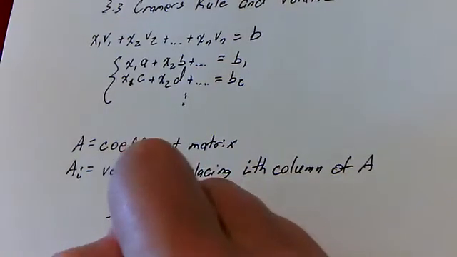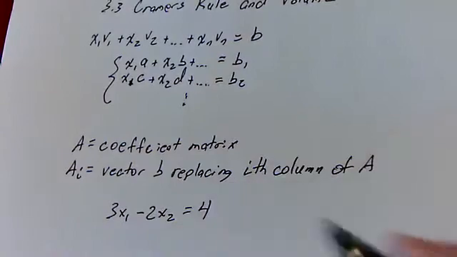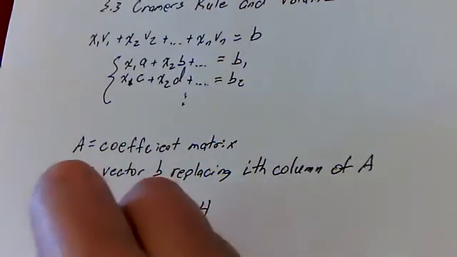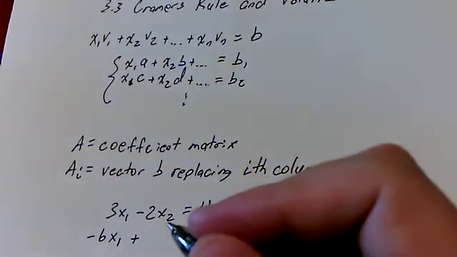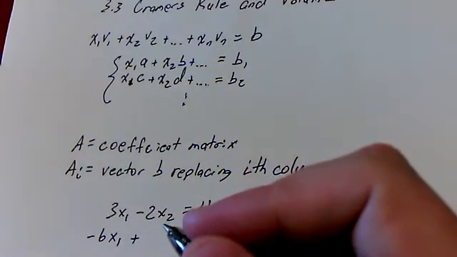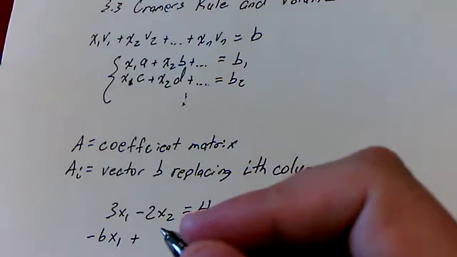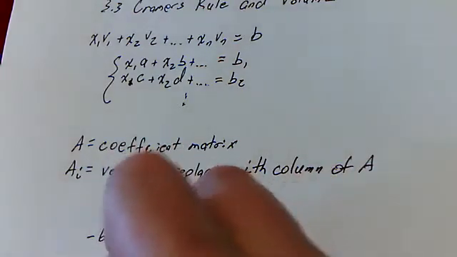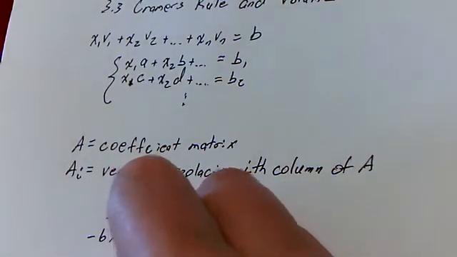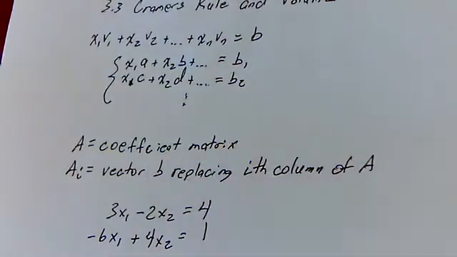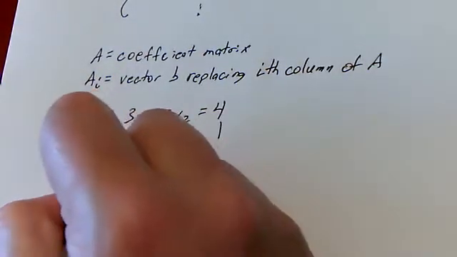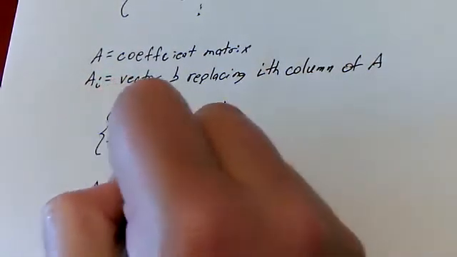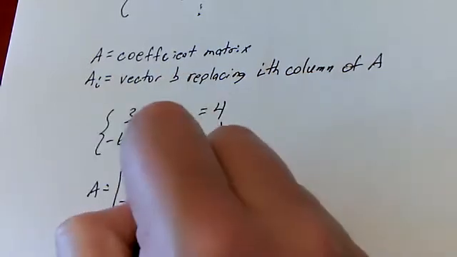So I've got 3x1 minus 2x2 is equal to 4, and then negative 6x1 plus 4x2 is equal to 1. This is my system. My coefficient matrix A, I can write pretty easily. It's 2 by 2: 3, minus 2, minus 6, and 4.